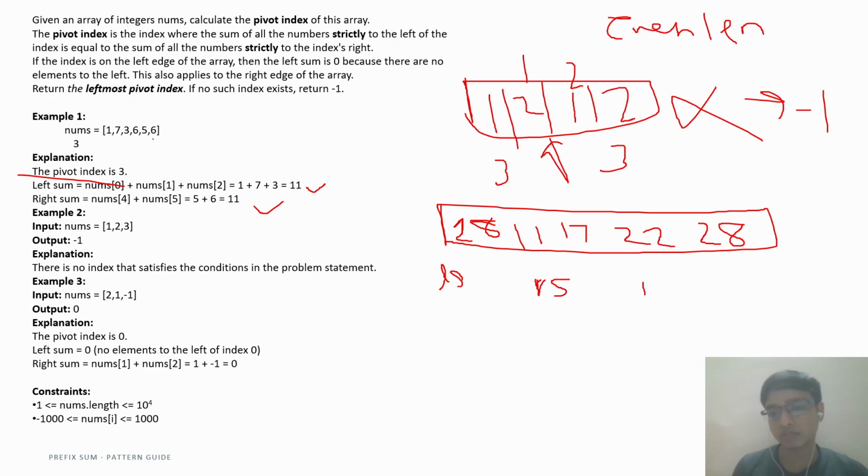So when we are at the zero index, the left sum is 0 and the right sum is 1. Okay, sorry, not 1, it's 8.